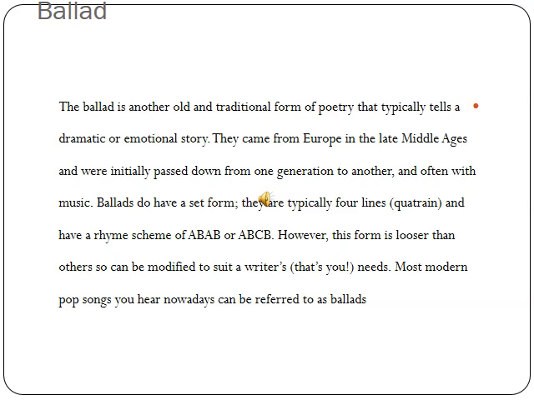Okay, so you should know that the ballad, it's what? It's a song. It's a very old and traditional form of poetry. It tells a dramatic or emotional story, and it comes from Europe in the Middle Ages, and it's passed on from one generation to another.